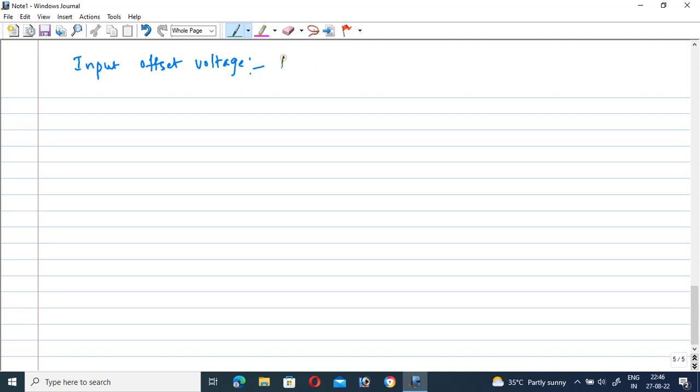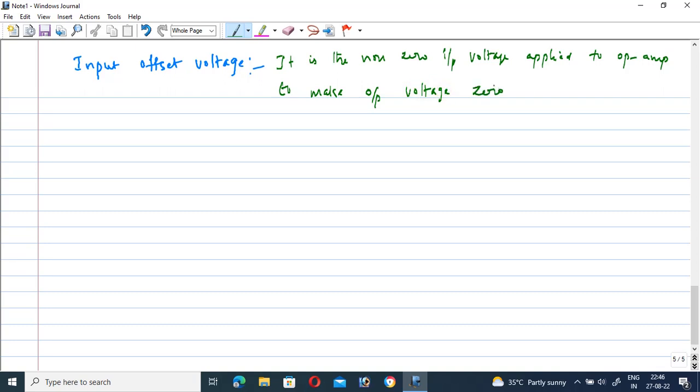Okay, so this is the minimum voltage required to make the output voltage of the operational amplifier 0.